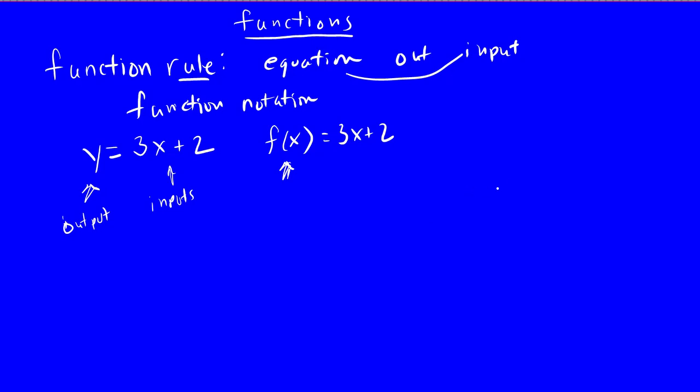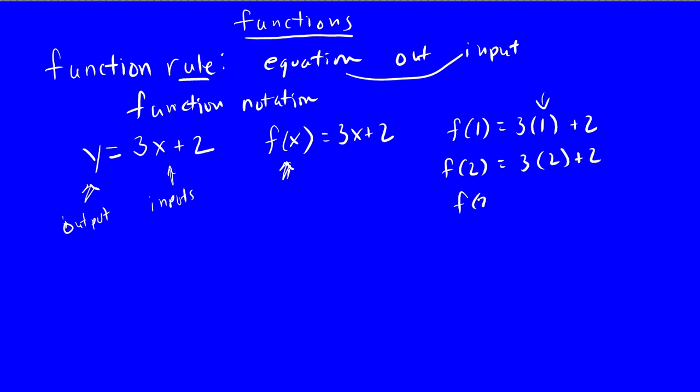Now, another way to use function notation is when we substitute 1, for example, into the x value. We can say f of 1 equals 3 times 1 plus 2. If we were substituting 2 in for the x value, we would say f of 2 equals 3 times 2 plus 2.